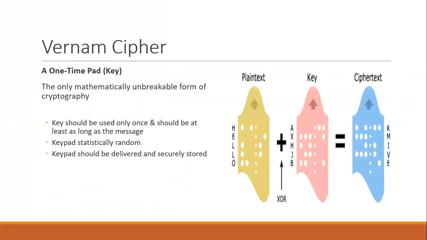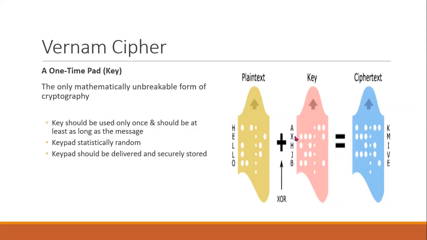Vernam cipher. This is the most secure of all because this is just used one time. It's a one-time key or one-time pad. The key is statistically random. So here, the word hello is converted by the key.